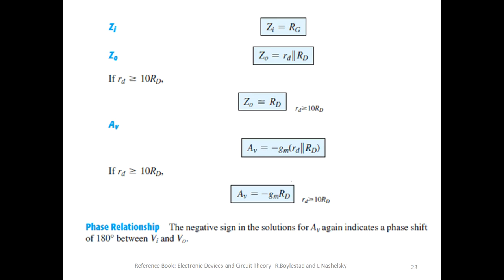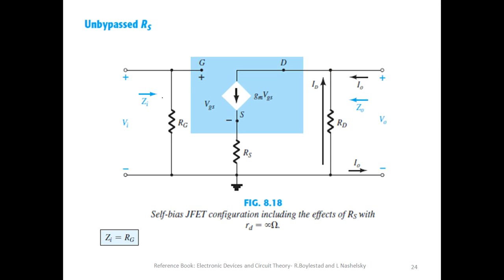Now let us look at the expressions for input impedance. Zi represents input impedance. The expression is similar, because Zi is equal to the resistance offered at the input side considering Vo equal to 0.